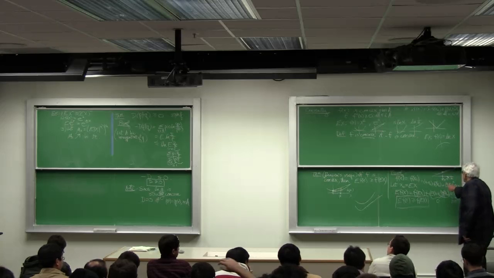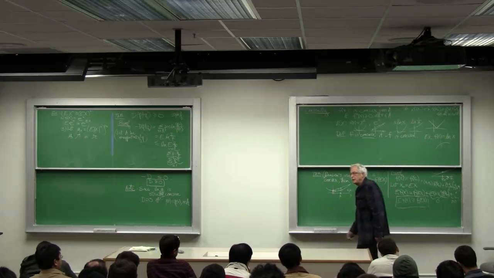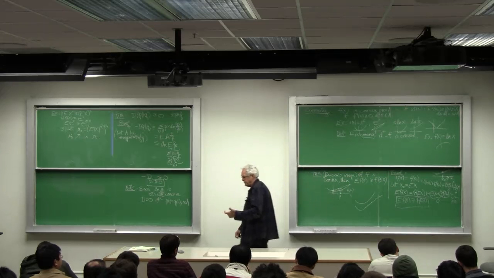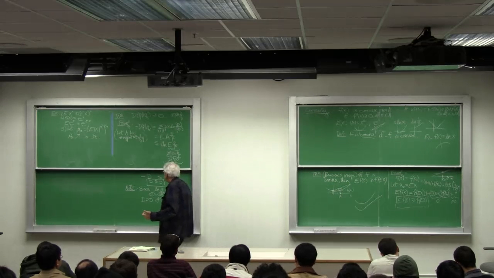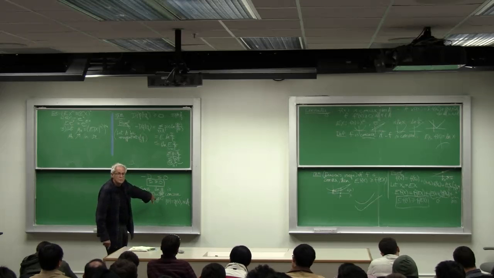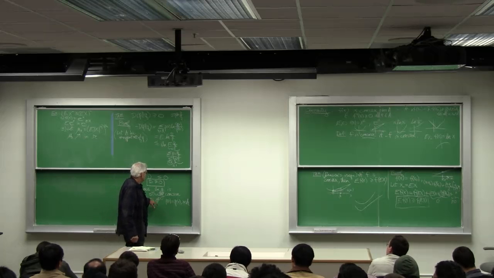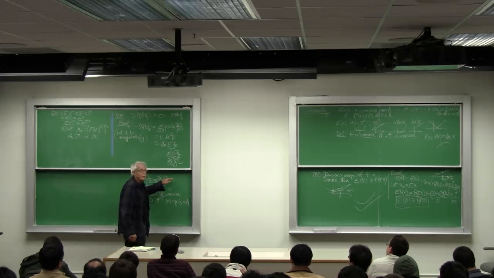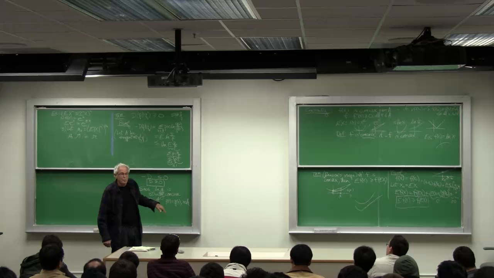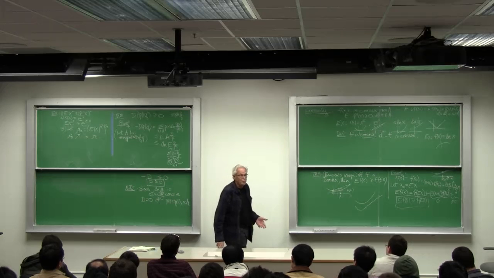By strictness you can go through the proof and show that log P over Q must be a constant for you to have D equals 0. And if so, then P over Q is a constant. But summation P equals 1, summation Q equals 1, so therefore P equals Q.